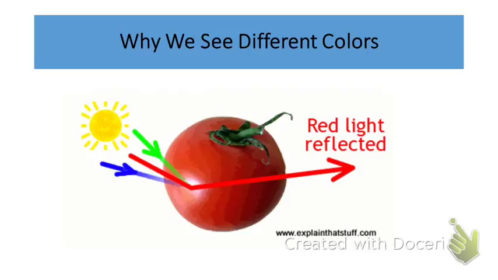That means that all the molecules that make up that object are absorbing all the colors of the rainbow, and no light is being reflected back towards us, so it appears to be black for us. Think about the countertops of your lab tables. They're black, and that is because the materials that the table is made out of absorb all the colors of light and reflect nothing back towards us, so it appears to be black to us.